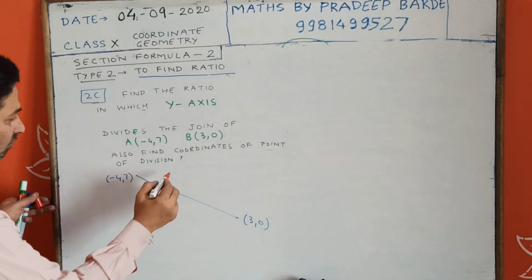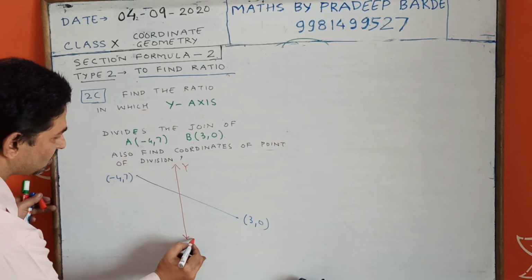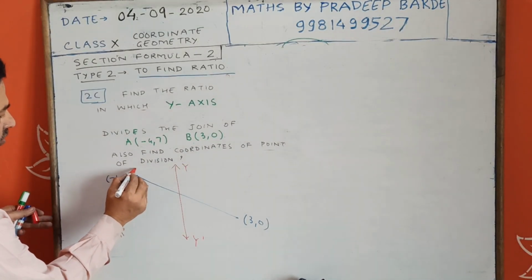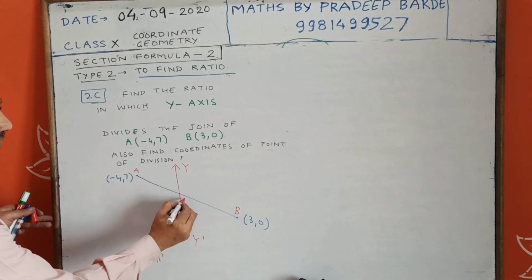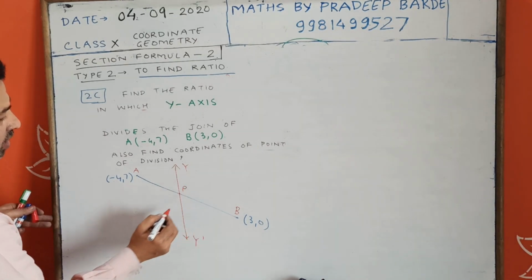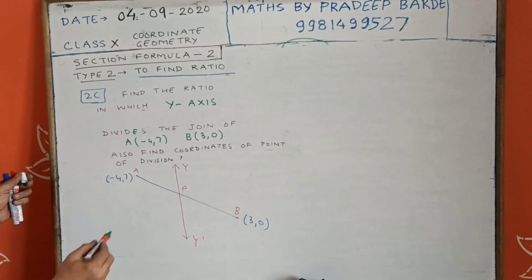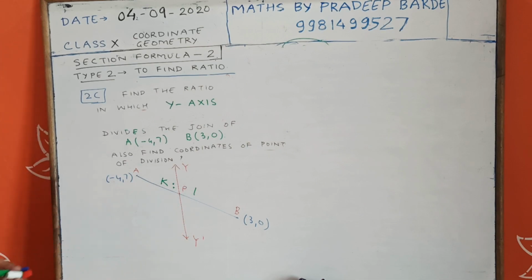तो divided by y axis, तो y axis हमने बना लिया बच्चों यहाँ पर. This is your y axis, y dash. This is the point A, the other one will be the point B, and this is the point P. Now let's assume that the ratio be k is to 1.